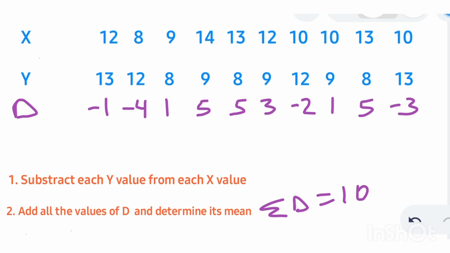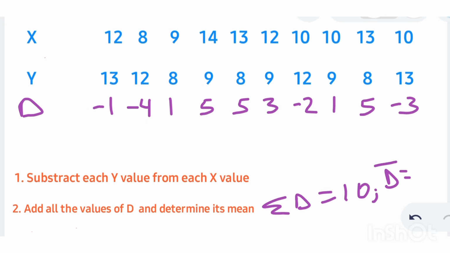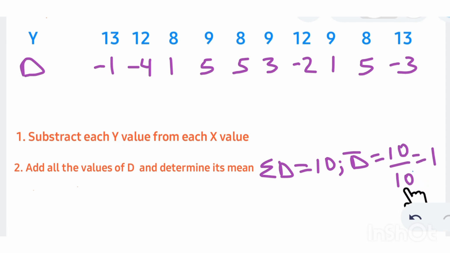The question also said to determine its mean, so we determine the mean of D, which we represent with D bar. The mean will be 10 divided by the sample size. How many? 1, 2, 3, 4, 5, 6, 7, 8, 9, 10. So the mean will be 10 over 10, which gives 1. So the mean of D is 1.